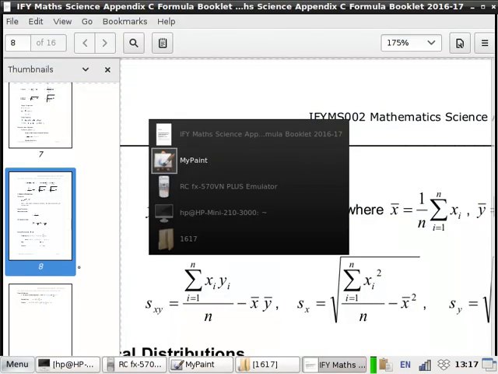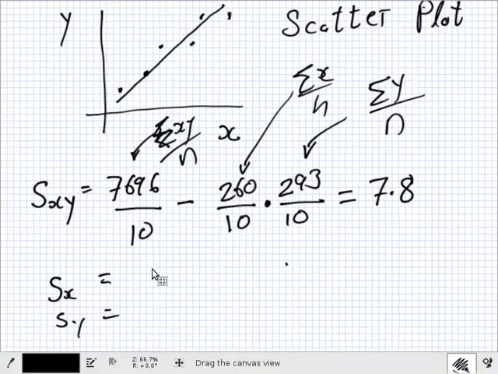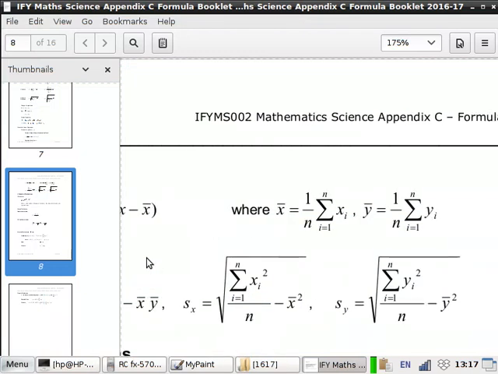That was Sxy, okay. Right, so I still have to get Sx and Sy. Okay, back to the formula book. Do I have the formula for Sx? I do. It's square root of this one. Do I know this one? I do. It's 6844.